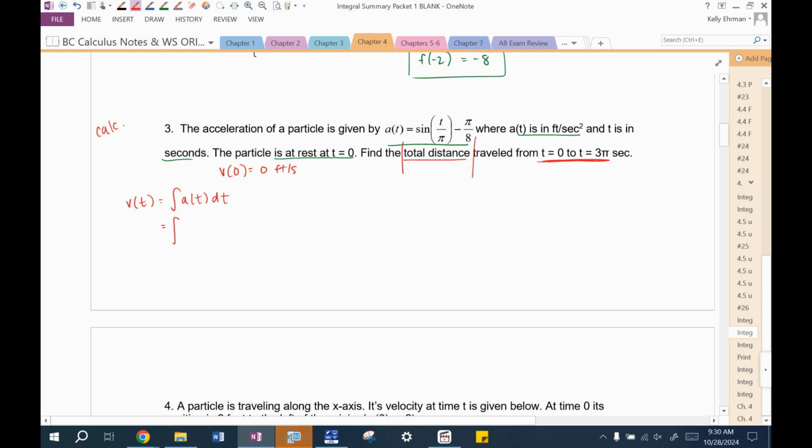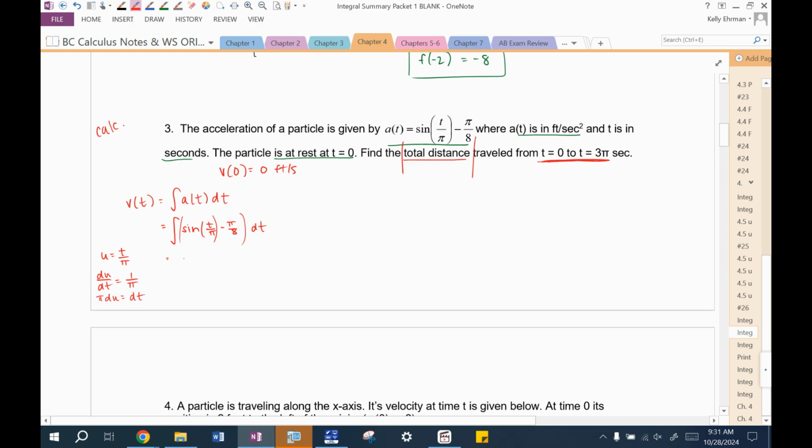So I need to integrate the sine of t over pi minus pi over 8. So this is a u sub. So there we go. U is going to be t over pi. Du dt is going to equal 1 over pi. So multiply dt over here. Instead of 1 over pi, it would be pi times du equals dt.